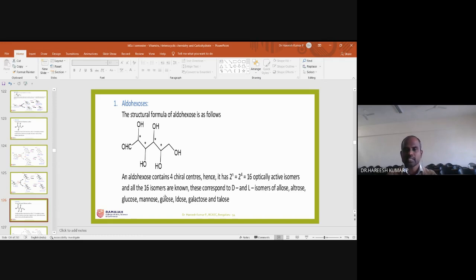All these 16 optically active isomers are known, and these compounds are the D and L isomers of allose, altrose, glucose, mannose, gulose, idose, galactose, and talose. So you need to remember them. Why?